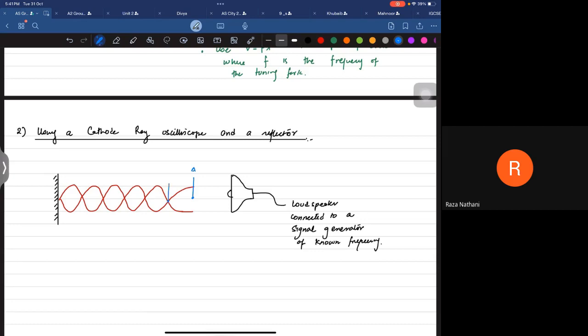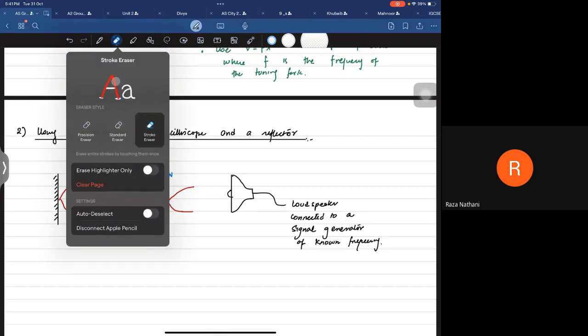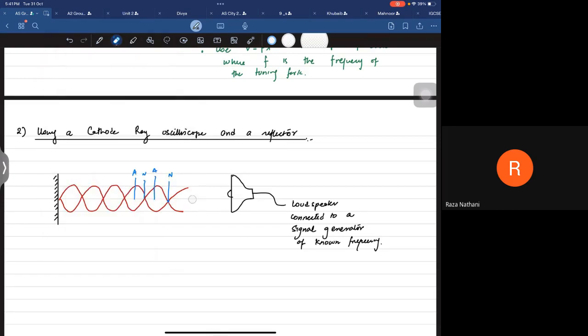Right now I'm drawing, so there's a node, and then an antinode, then a node, antinode. I have to basically make it smaller. So antinode, antinode, antinode, antinode, like that. Do you guys understand that?